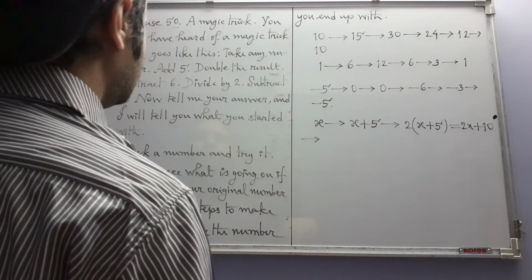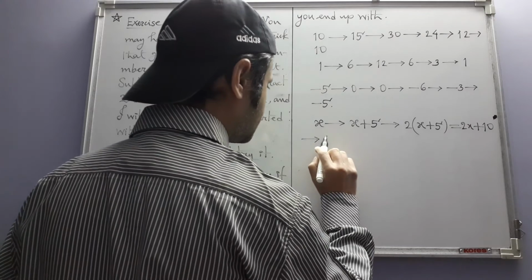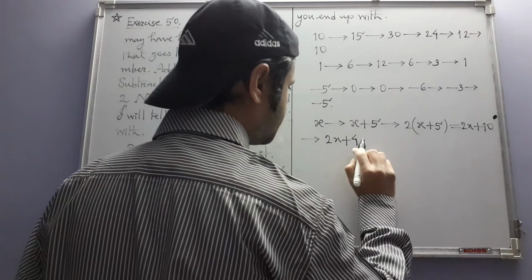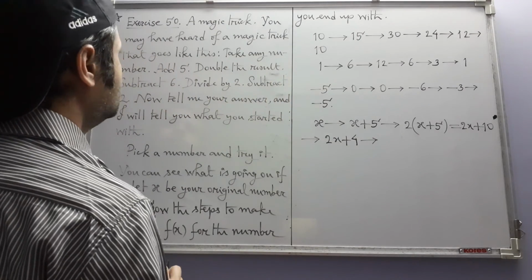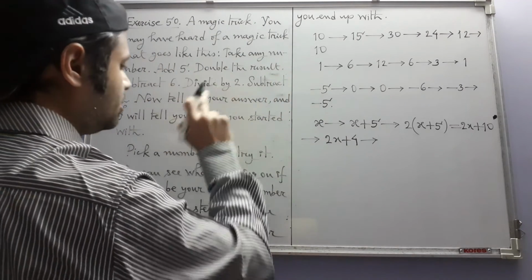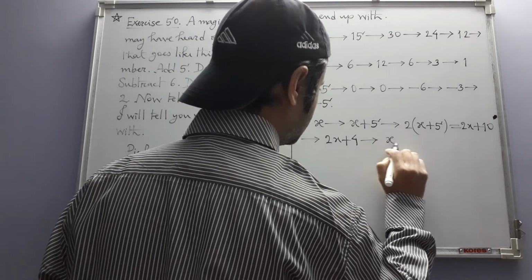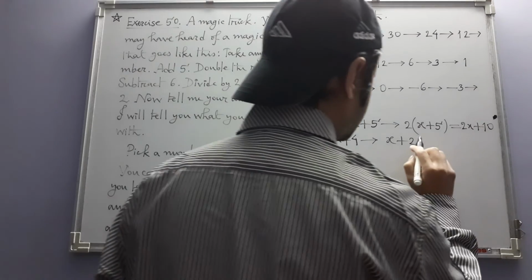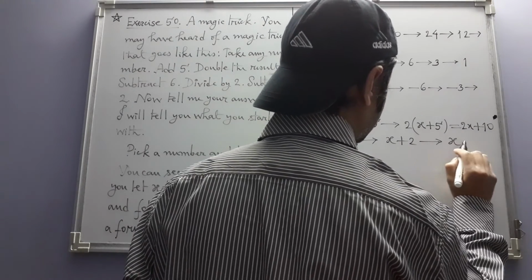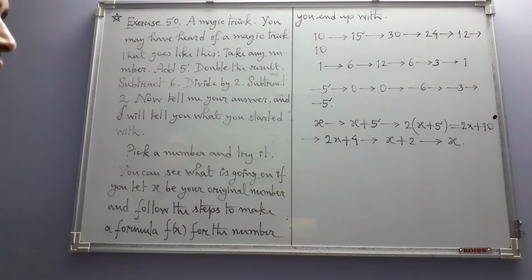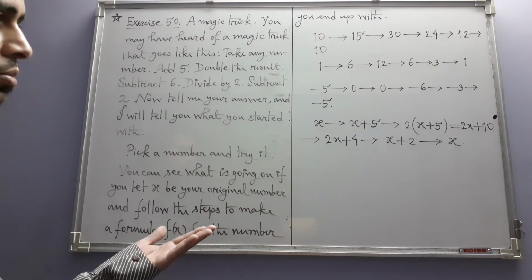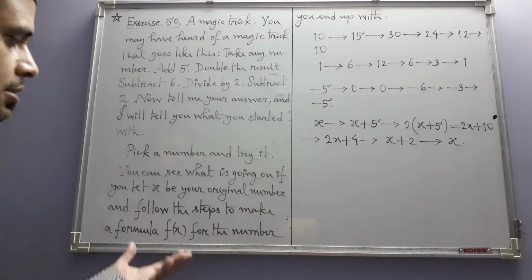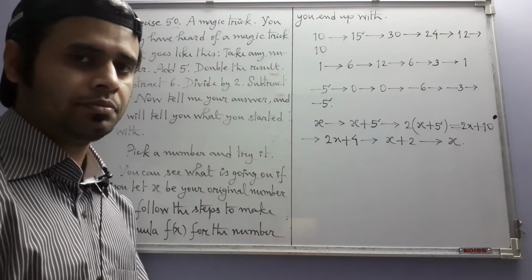Then subtract 6, so it will be 2x plus 4. Then divide by 2, x plus 2, and then subtract 2, so we get x back. So it works for any real number, but the question is, why is this exercise here?